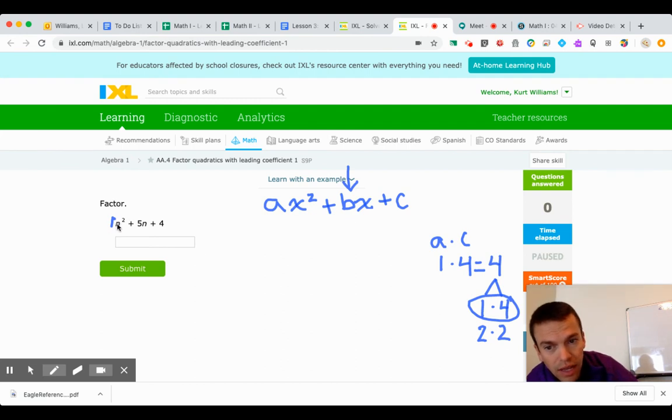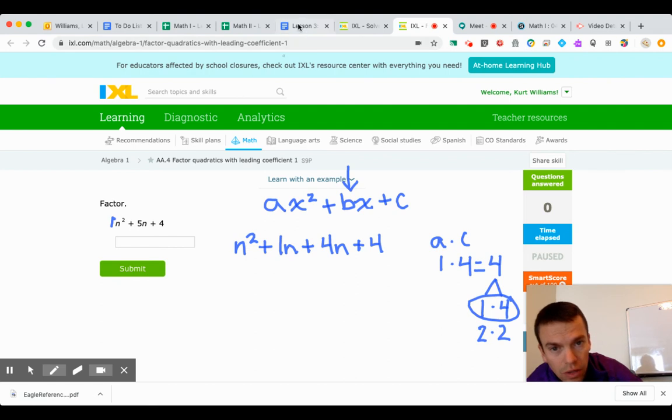Instead of 5n, I'll have 1n plus 4n in the middle. So I've got n squared plus 1n plus 4n plus 4.